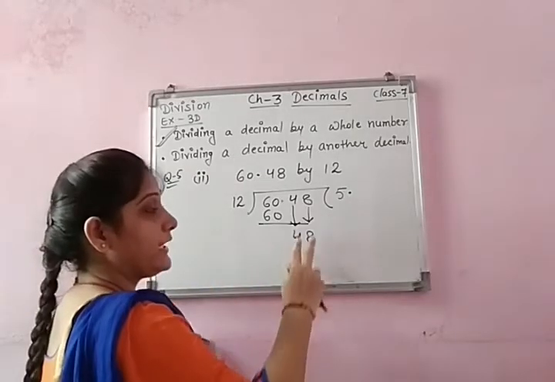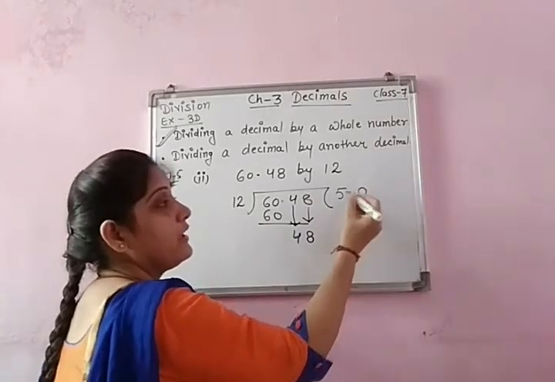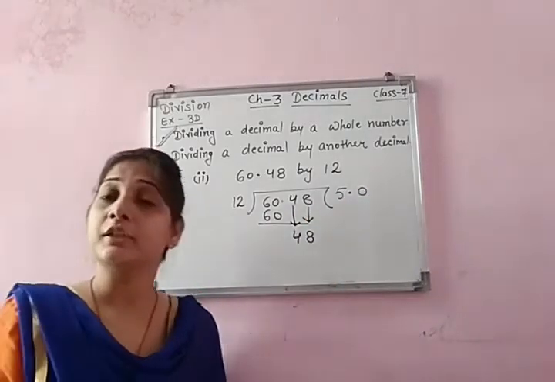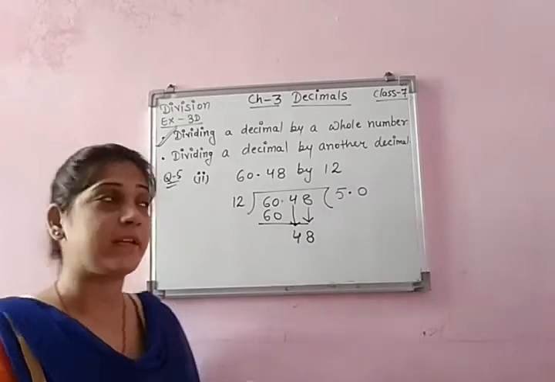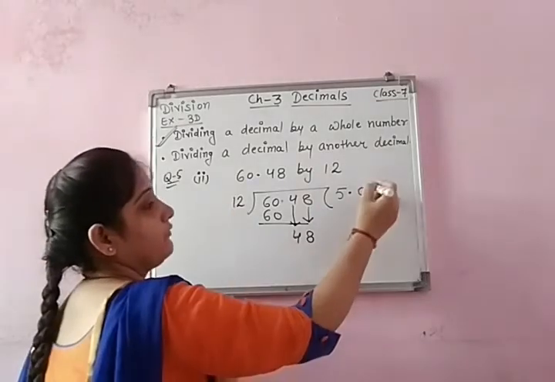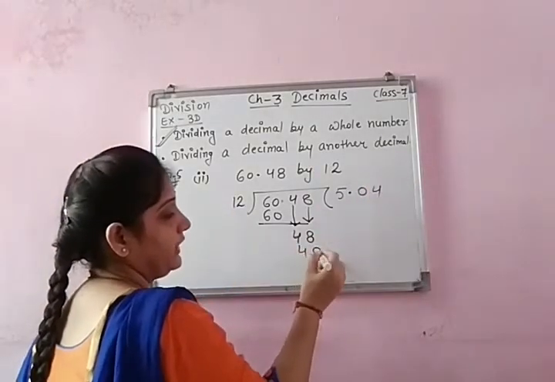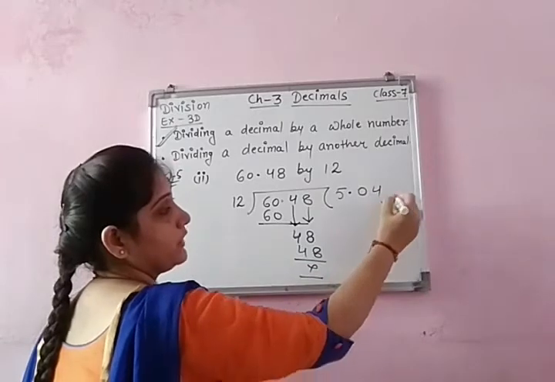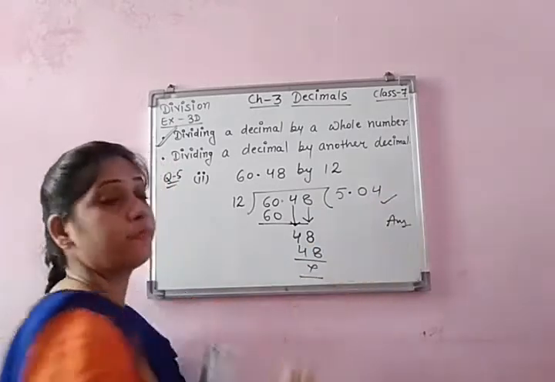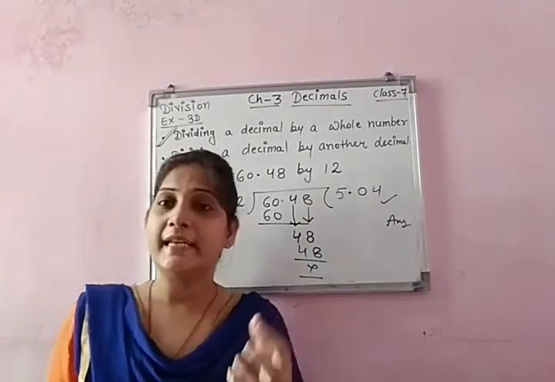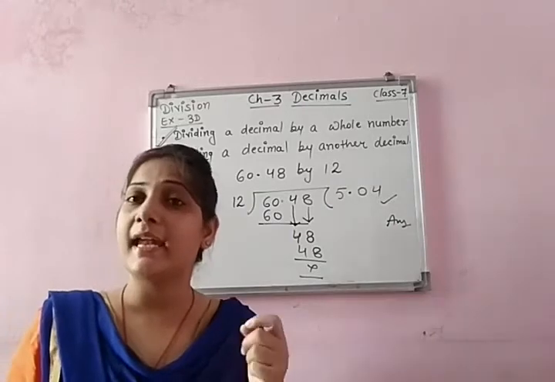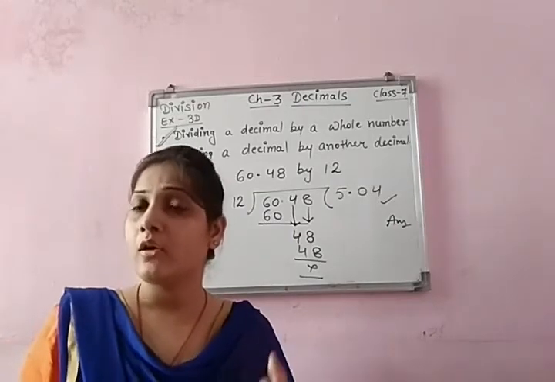But if we are writing 2 digits, then we have to give a 0 to the quotient. Okay, remember this concept. Now 12 4s are 48. So what is our answer? 5.04. In this way we can divide any decimal number by a whole number.